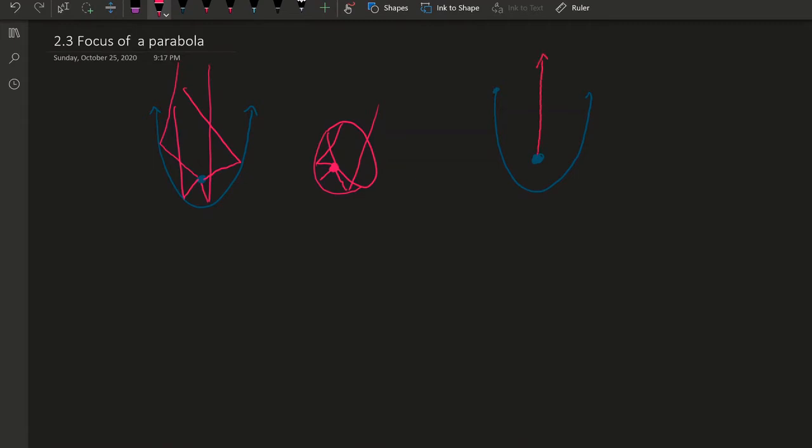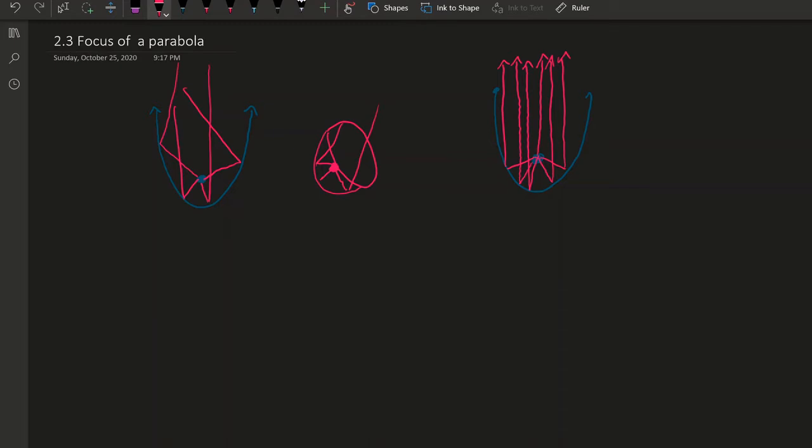But if this focus right here is generating sound in all directions, when it goes backwards, it would bounce off and then come out in a parallel line, so that all of the sound would be focused in the same direction, just like that. So parabolas and the focus of the parabola have a lot of real-world use.